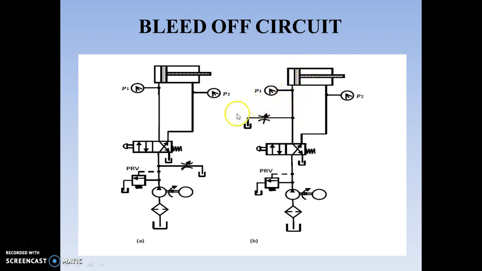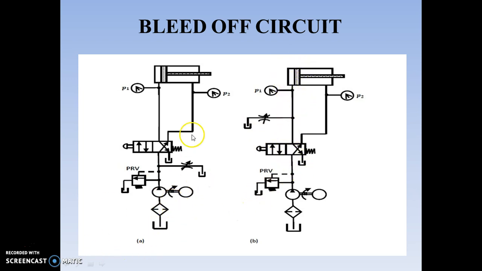At this point we are placing a flow control valve, and the additional line is being bled off through this flow control valve. So it will only act for draining the liquid. That means the liquid entering the inlet of the hydraulic cylinder is being controlled.